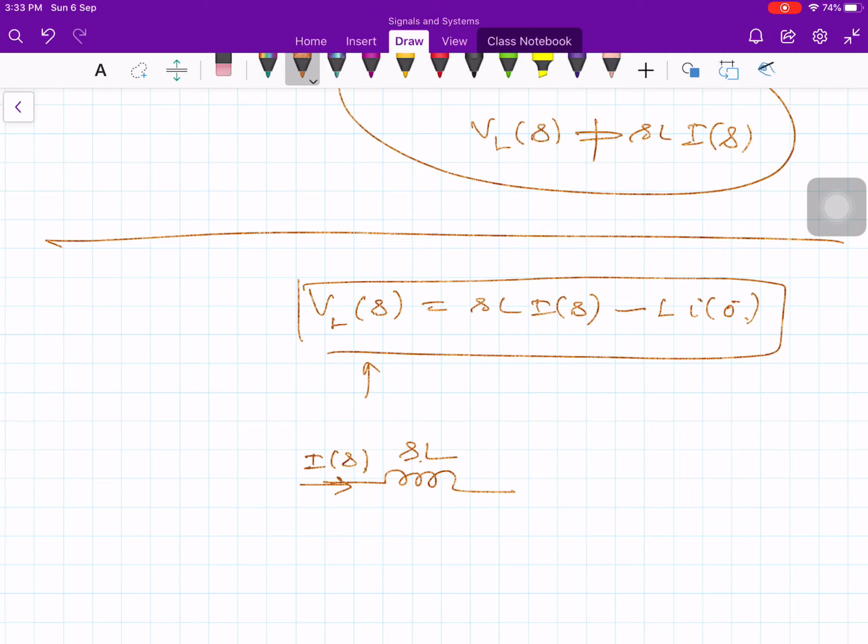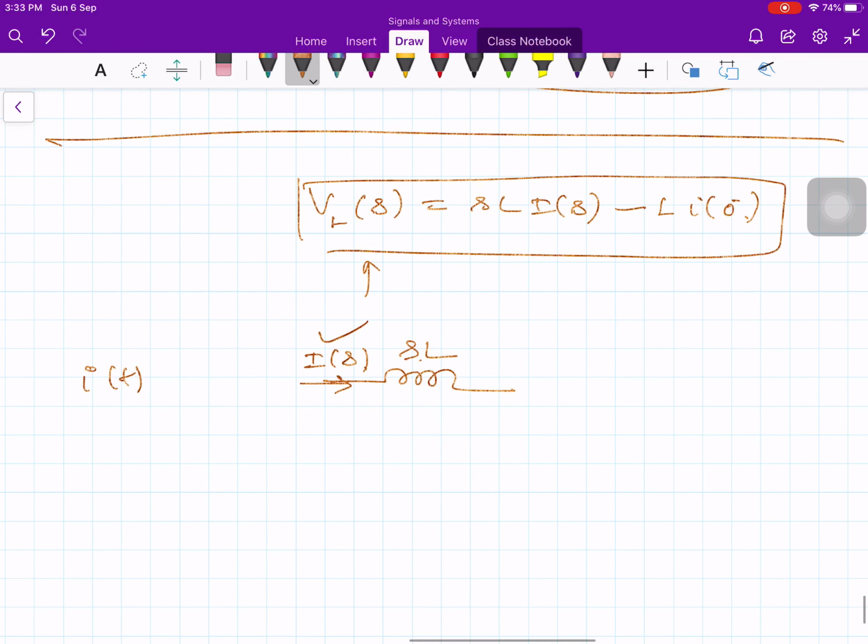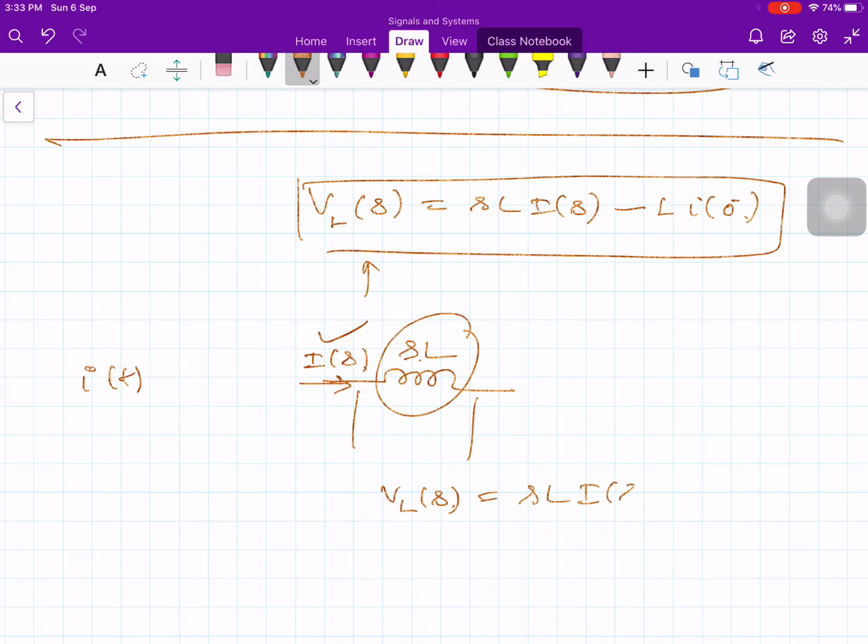Not the raw current, it is not I of t, but it is I of s, that is the transformed current. And across the terminal of the inductor we must have a voltage VL of s. This is a voltage across the terminal of the inductance. We know that VL of s is simply SL times I of s, minus there is one more additional term, L times I of 0 minus.